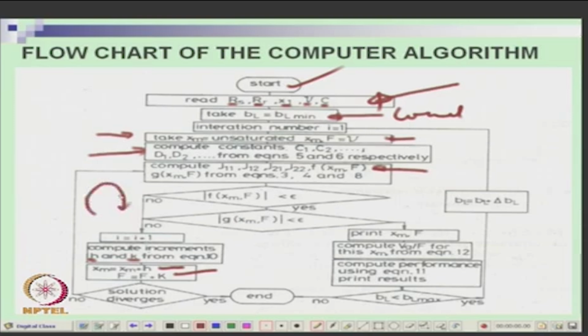Finally, when these two conditions, f(Xm, F) and g(Xm, F), are satisfied, then you print Xm and F and calculate the results and the performance etc. So, this is a flow chart which can be used for solving these equations.